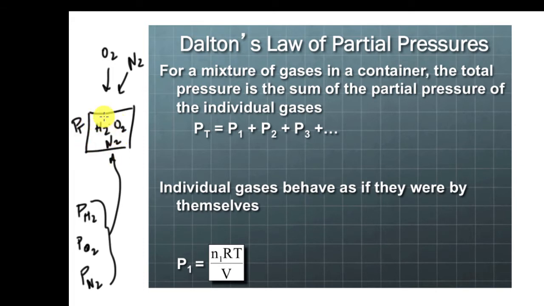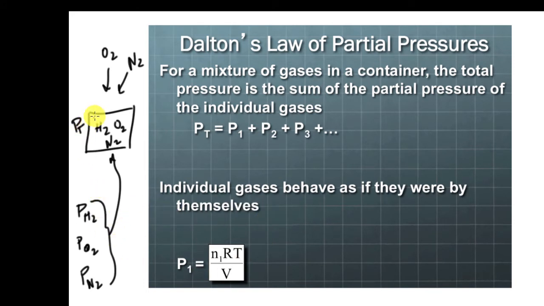Nothing happens to the partial pressure of the hydrogen when I add the oxygen in there. The partial pressure of the hydrogen remains the same. The pressure of the nitrogen is the same thing. If I measured it out here and everything was the same volume, temperature, and number of moles of nitrogen, then the partial pressure of nitrogen would stay the same, and so would the other two gases. And that's the general idea of his experiment.